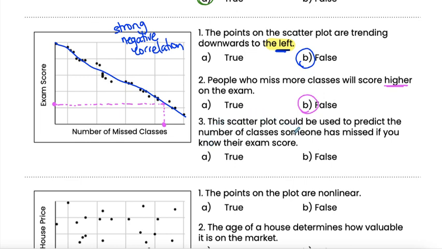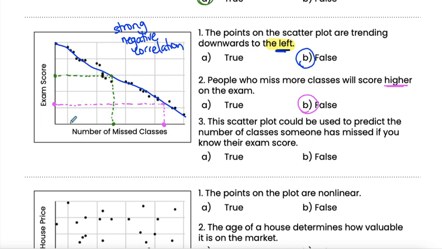This scatter plot could be used to predict the number of classes someone has missed if you know their exam score. Sure. If this is 20, 40, 60, 80, 100, so it goes up by 20, and I know someone has a score of 60%, then I would find their 60% and come over here until I reach my line of best fit, and then I would go down to where I think the number of missed classes would be.